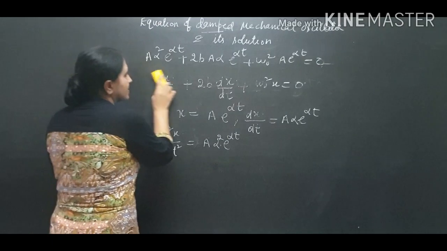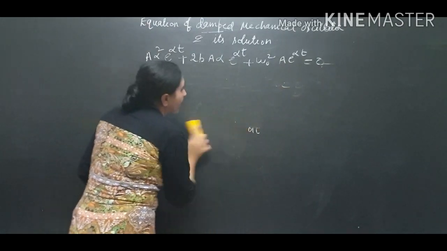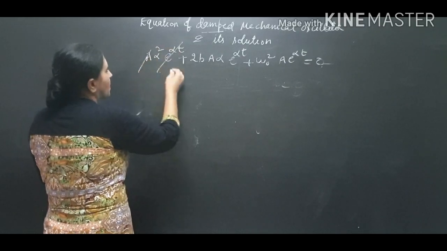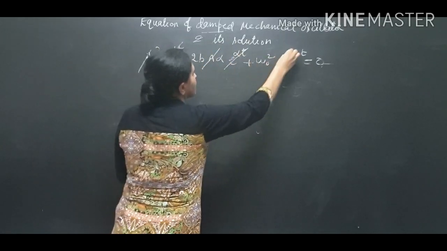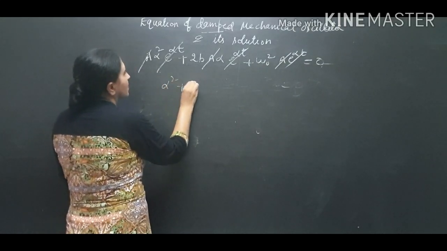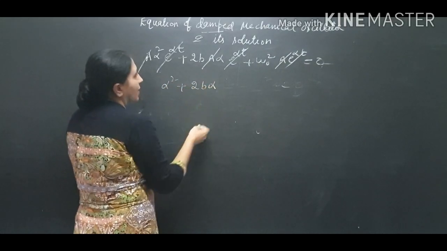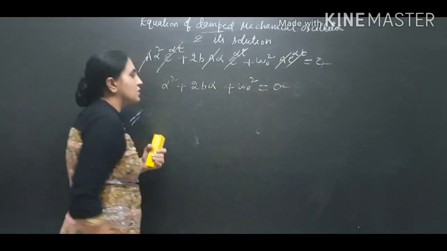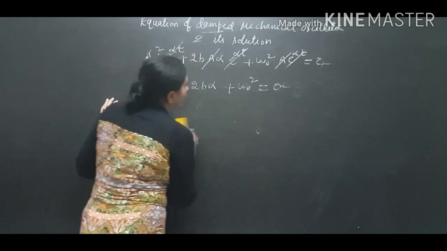Now cancel the terms: a goes, e raised to power alpha t goes. So what you get? Alpha square plus 2b alpha plus omega naught square, that is equal to 0.